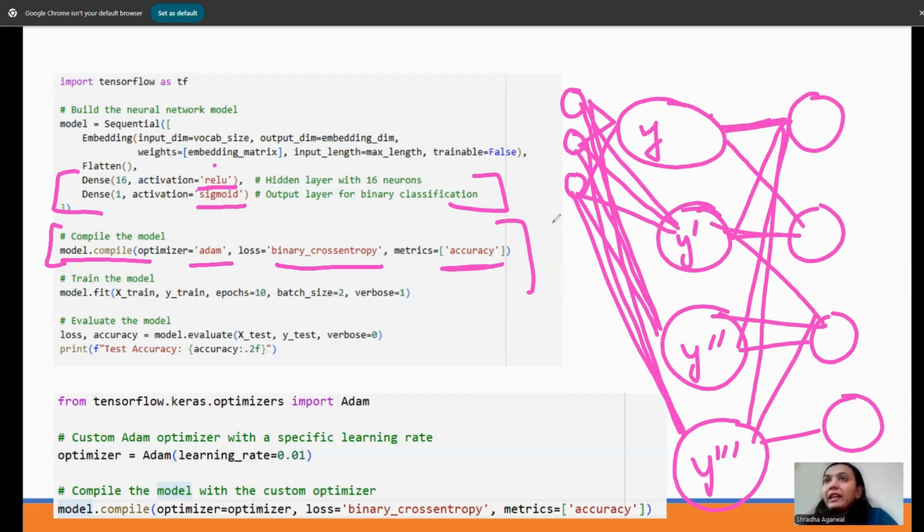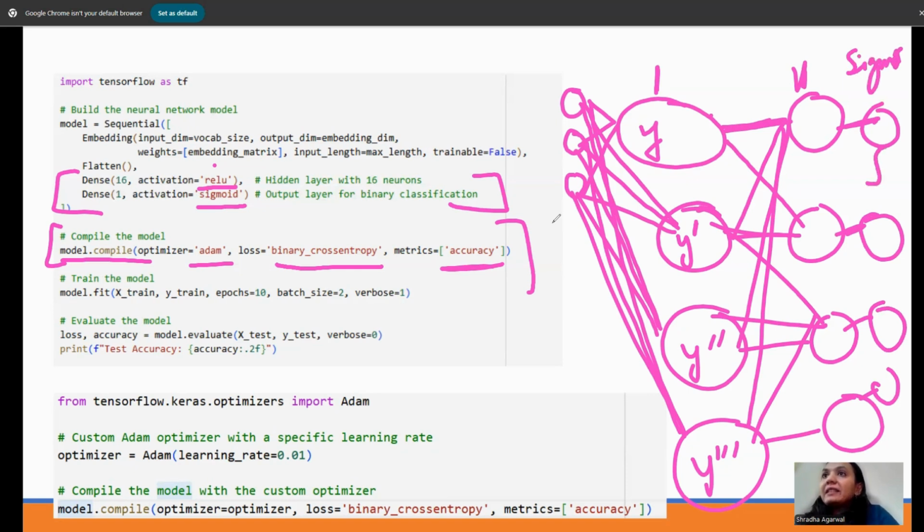So all the inputs are connected to the output dots. And this is your first layer. This is the second layer. I'm still not on the output layer. Now when I'm on the output layer, then I use something called sigmoid because I want a decision where I have this S boundary. That's why I have a sigmoid here. Here I use ReLU because I'm just going from one neuron to another neuron. And this is how your neural network looks like.